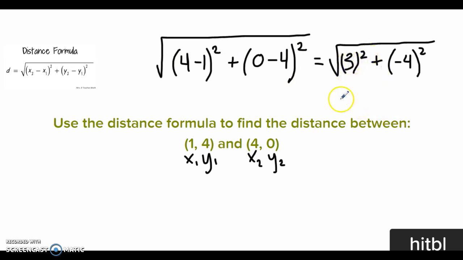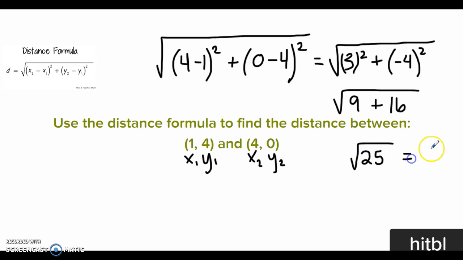And then we do 3 squared. 3 times 3 is 9, plus -4 times a -4 is a positive 16. 9 plus 16, what we get is 25, which we end up with just 5 for our answer. Either the square root or the number is okay.